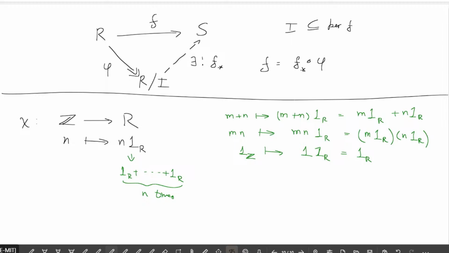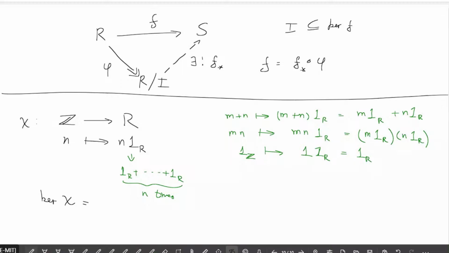What can you say about the image of this? Or what can you say about the kernel of this? The kernel is not necessarily prime, because R is arbitrary. R is not an integral domain.